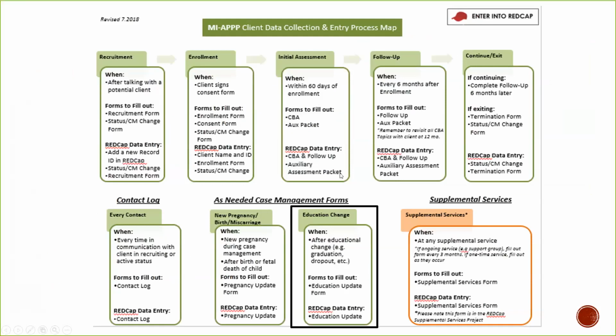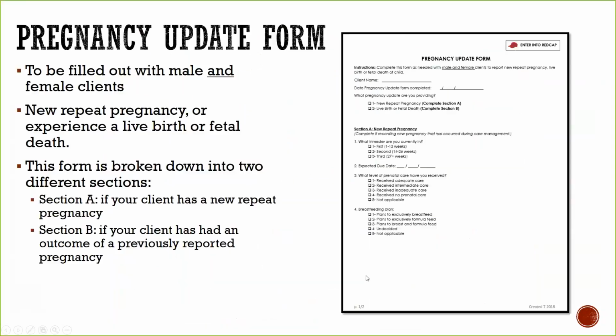So we're going to talk about some of the as-needed case management forms, including the pregnancy update form and the education update form. The pregnancy update form is to be filled out with male and female clients who have a new repeat pregnancy or who experience a live birth or fetal death.